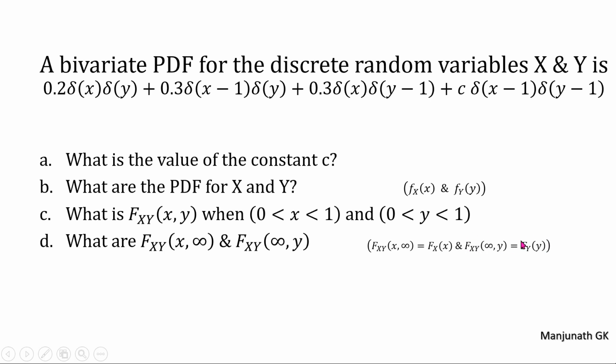This term is nothing but a single random variable y, because a single random variable x is having a possible event. This concept is already discussed. And are x and y independent? Let us see at the end.